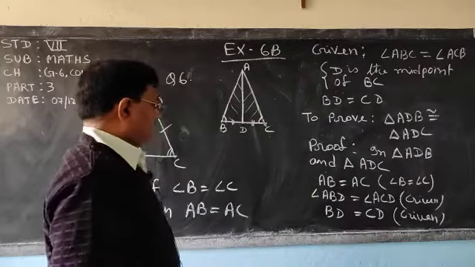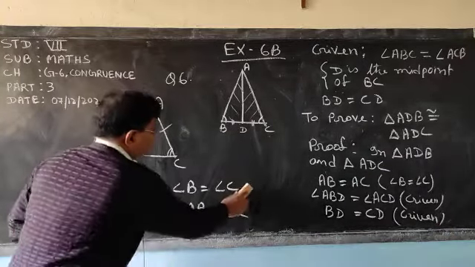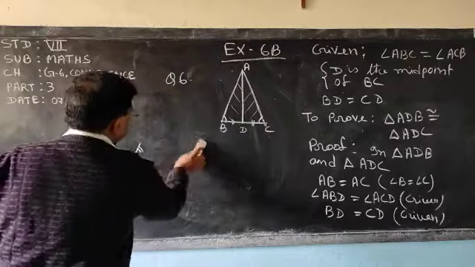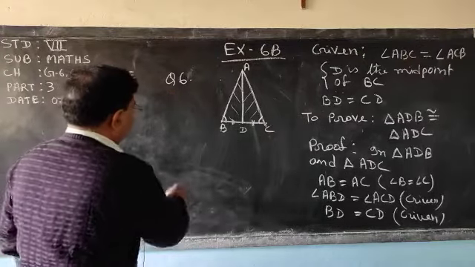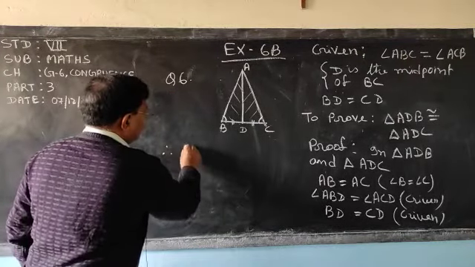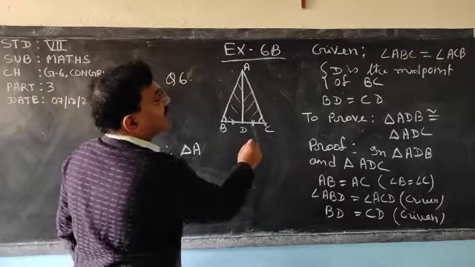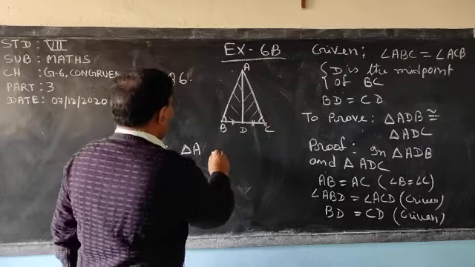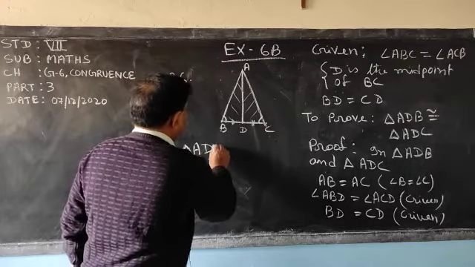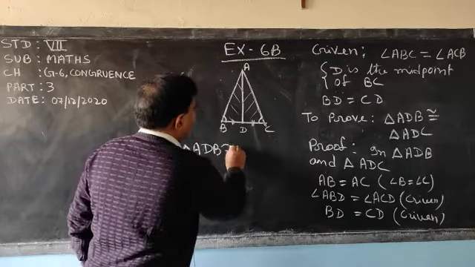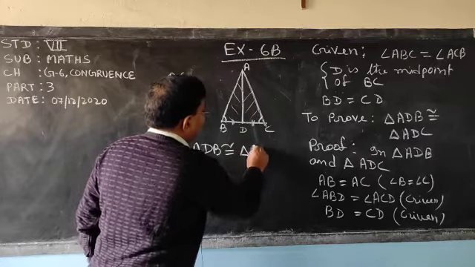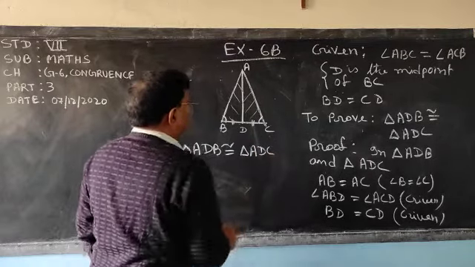So these things are given. Therefore, triangle ADB is congruent to triangle ADC. By which condition?